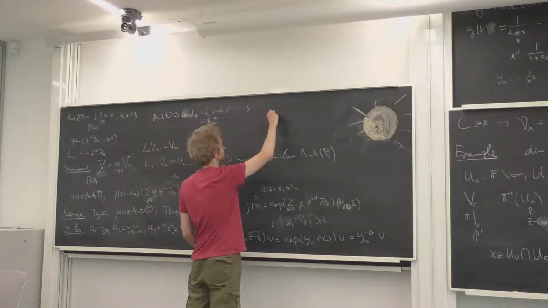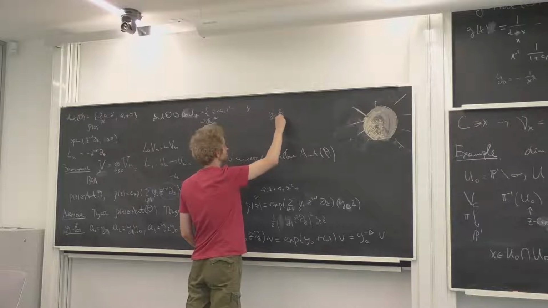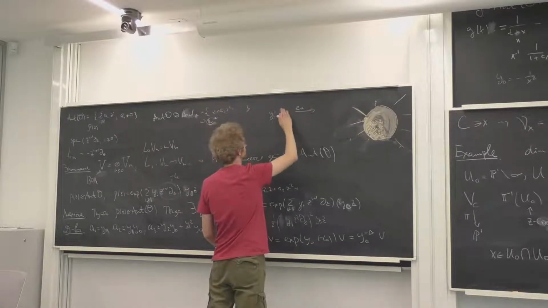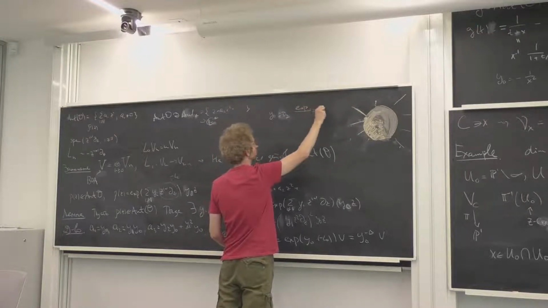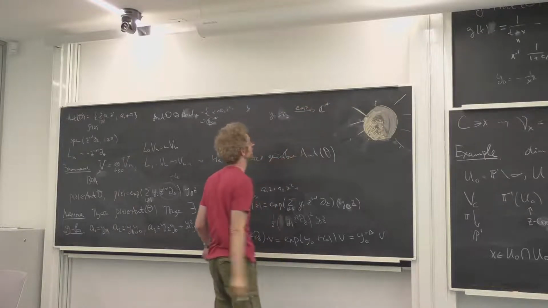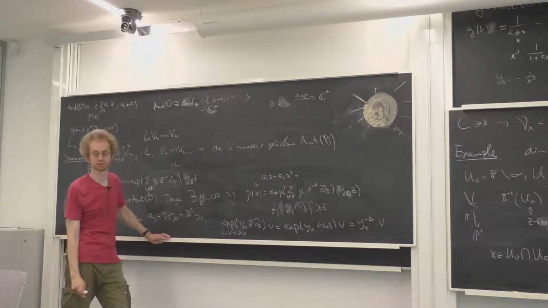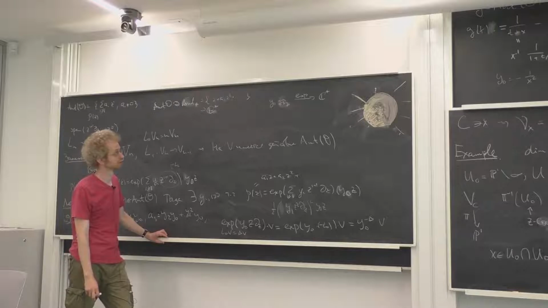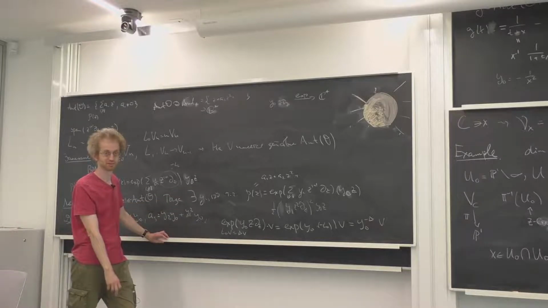So we have y0 z over dz, and then we have the exponential map to our C star. Okay? And so this exponential map should be defined in some way. And let us just define it like this.